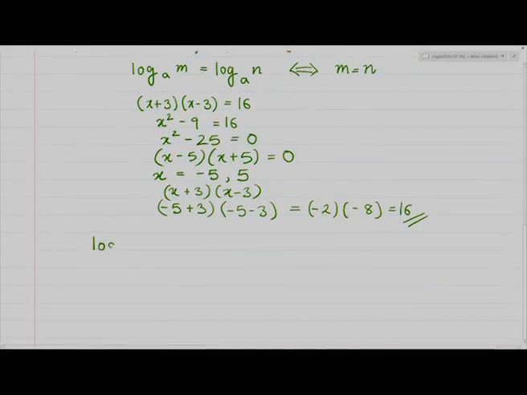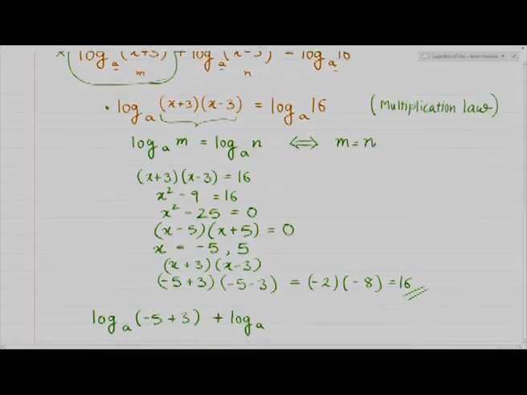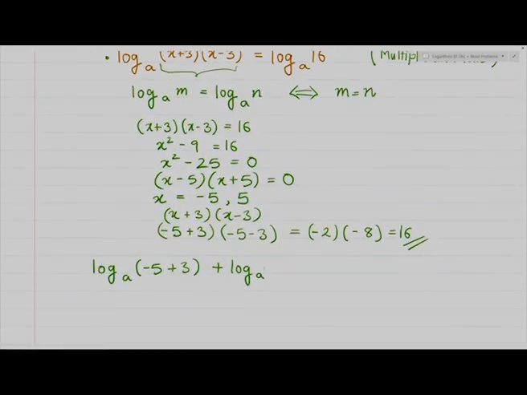Log to the base a of (minus 5 plus 3), I am checking the first expression, plus log to the base a of (x minus 3), which is minus 5 minus 3, right.